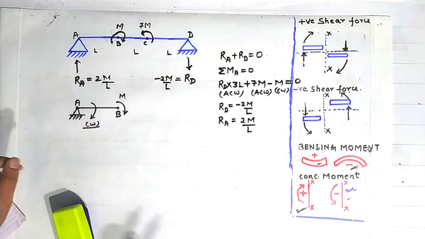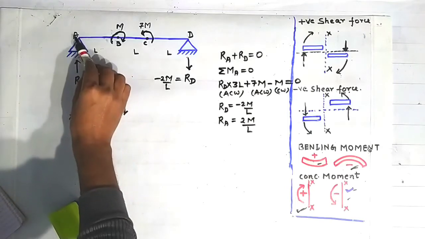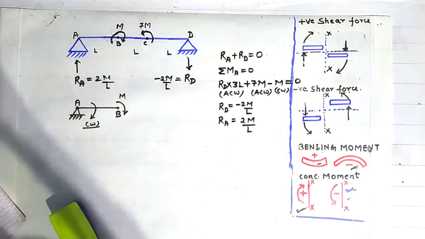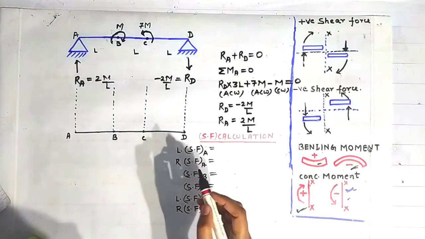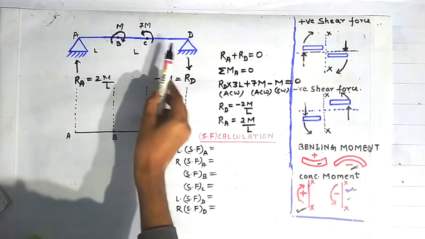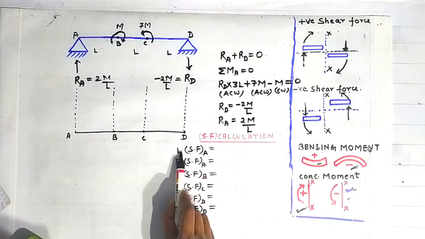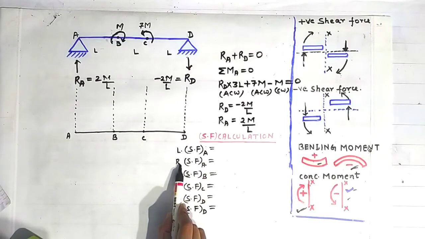Now friends, we will draw the shear force diagram by obtaining the shear force at the points A, B, C and D. We will find out the shear force at the point A on the left side of the point A and on the right side of the point A. Why?